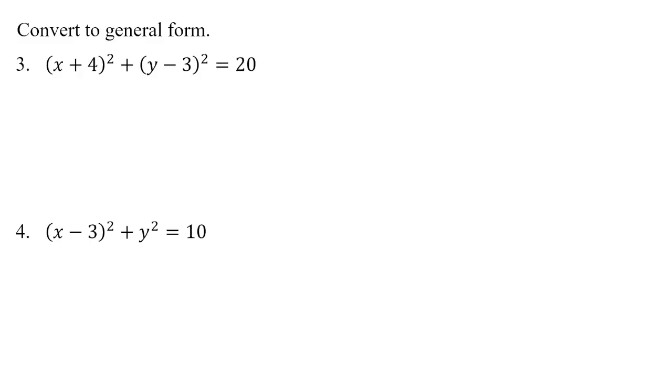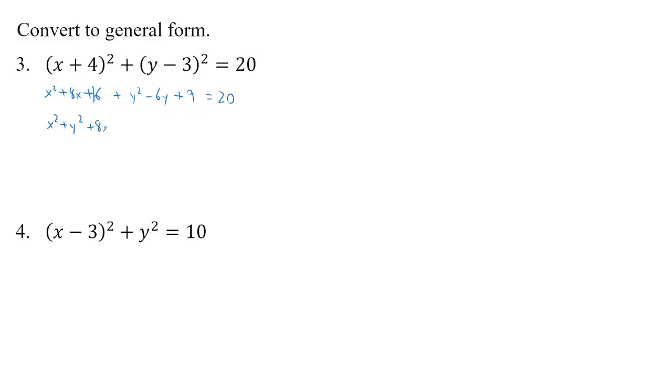All right, number 3, we got x plus 4 squared plus y minus 3 squared equal 20. We're going to square x plus 4, so this is x squared plus 8x plus 16, plus y minus 3 squared, that's y squared minus 6y plus 9, equal 20. We put our squared variables next to each other.